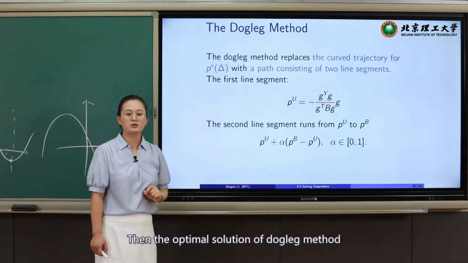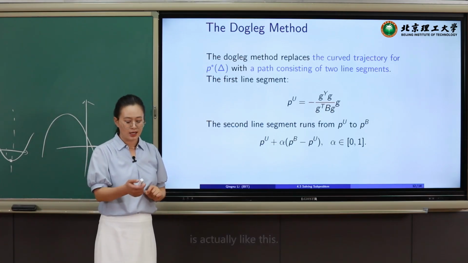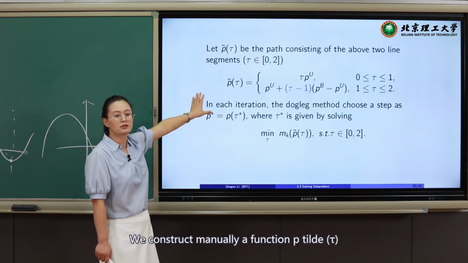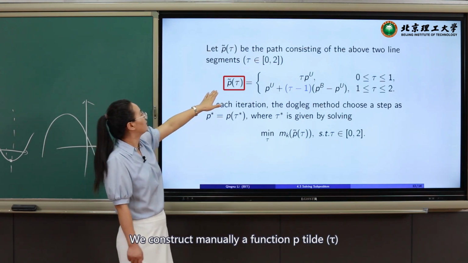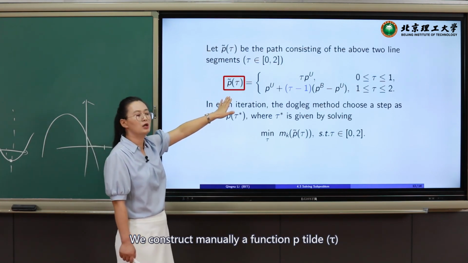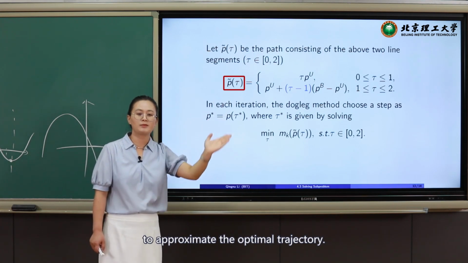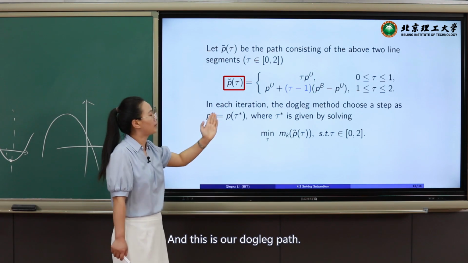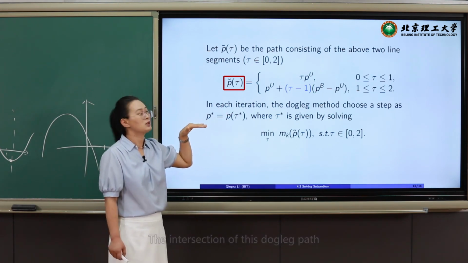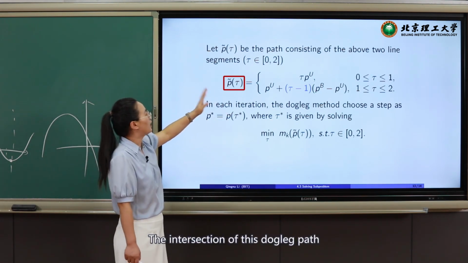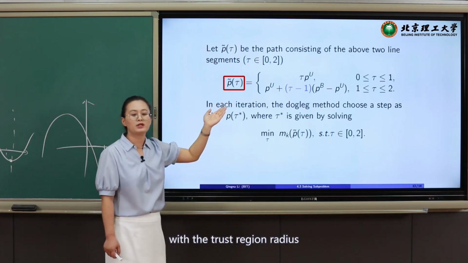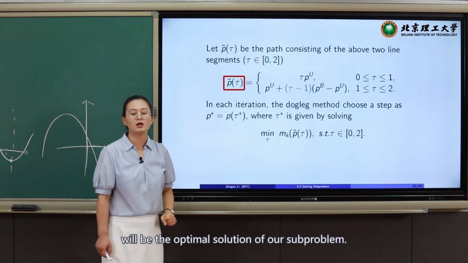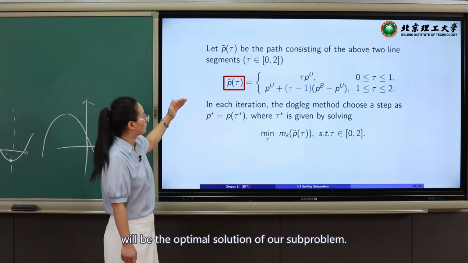Then the optimal solution of the dogleg method is like this. We manually construct a function p tilde tau to approximate the optimal trajectory, and this is our dogleg path, okay? The intersection of this dogleg path with the trust region radius will be the optimal solution of our subproblem.